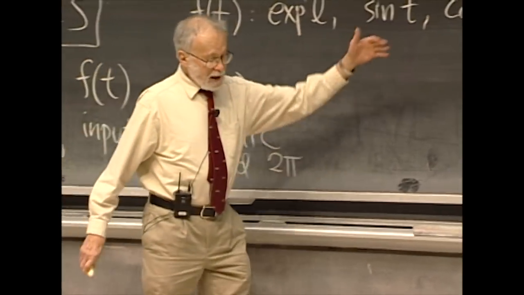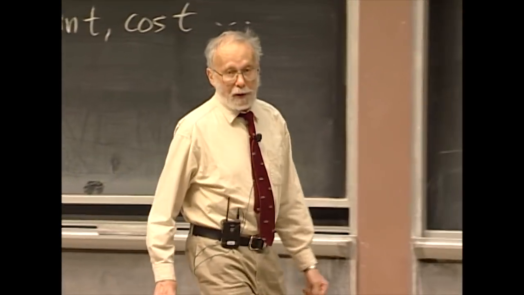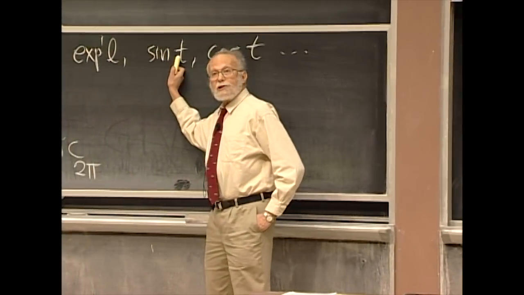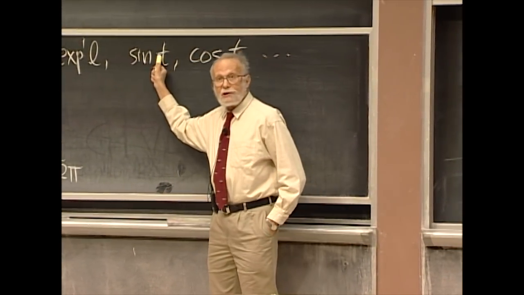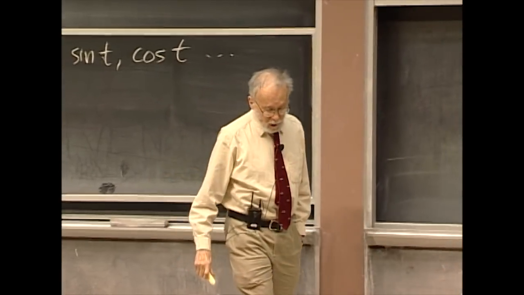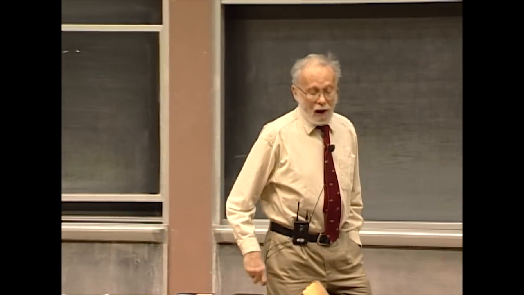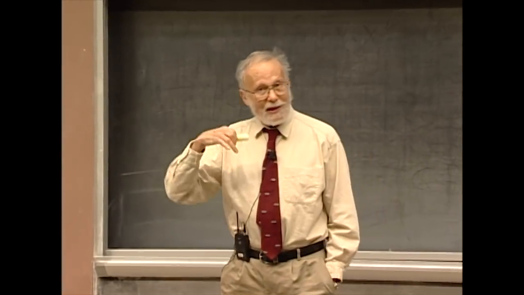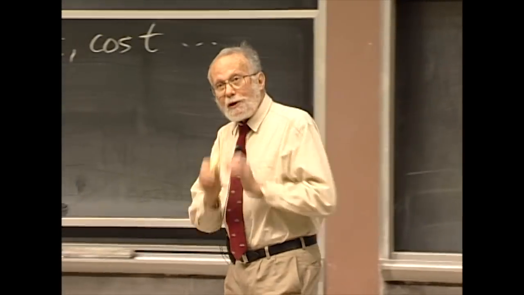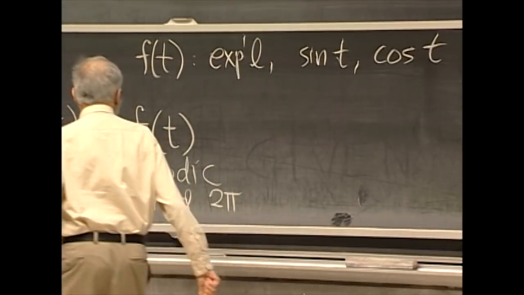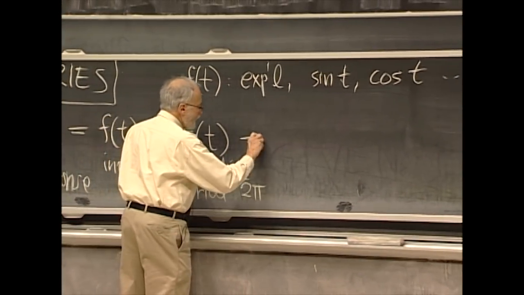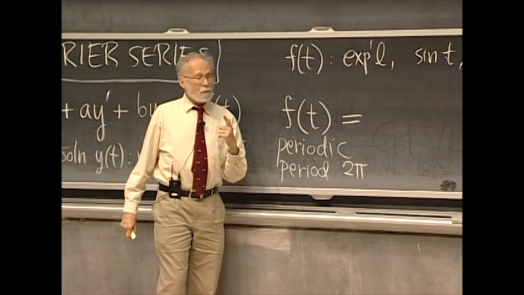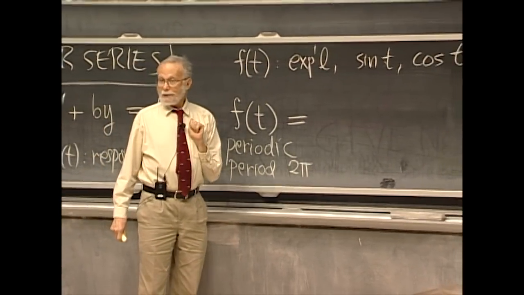Of course, sine t and cosine t have the exact period 2 pi, but if I change the frequency to an integer frequency like sine 2t or sine 26t, 2 pi would still be a period, although it would not be the period. The period would be shorter. The point is, such a thing can always be represented as an infinite sum of sines and cosines.